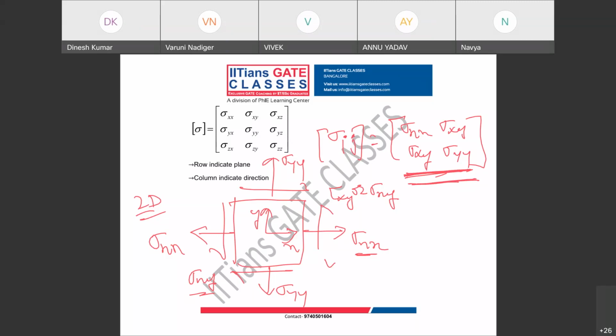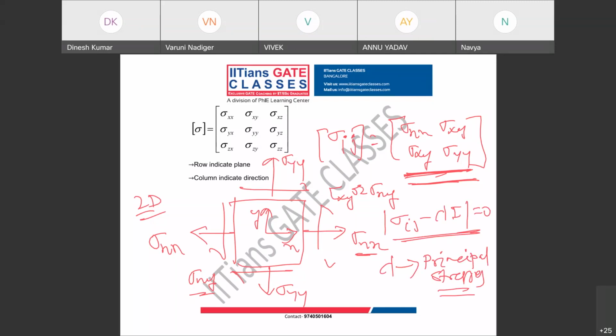And you know how to find eigenvalues? It will be determinant of sigma ij minus lambda I is equal to 0. Those lambdas are your eigenvalues and these are your principal stresses.